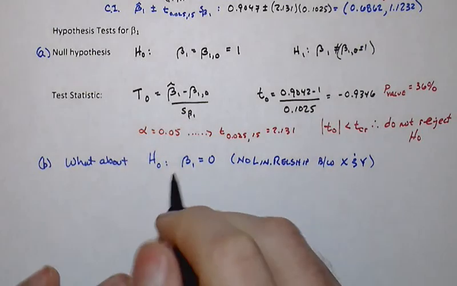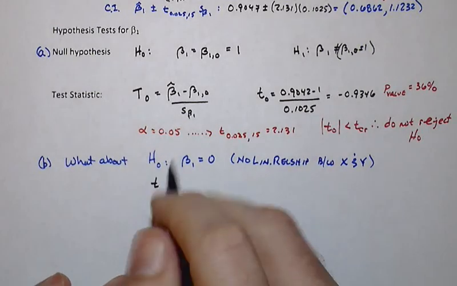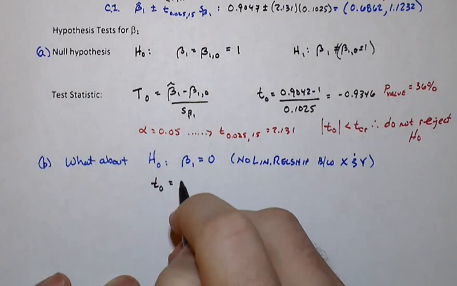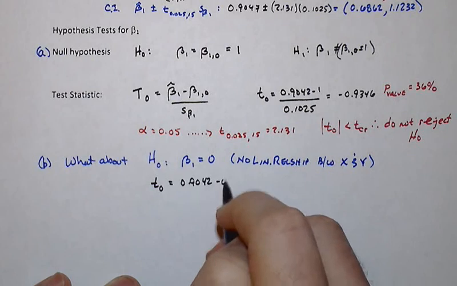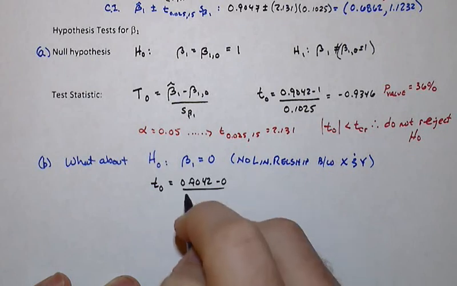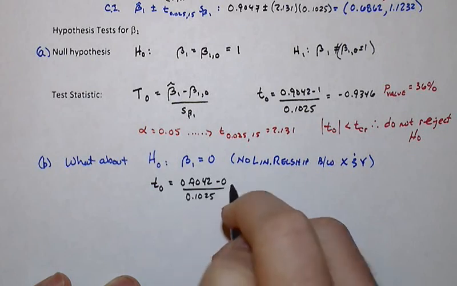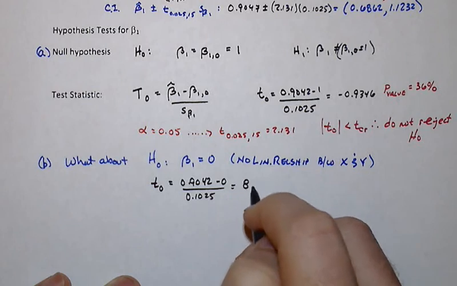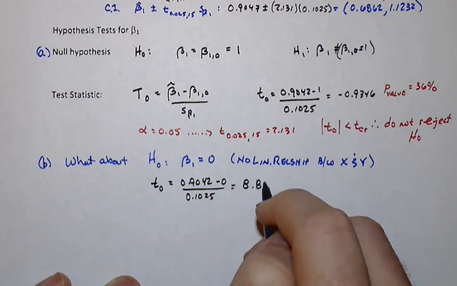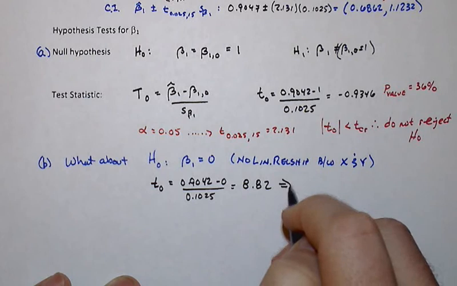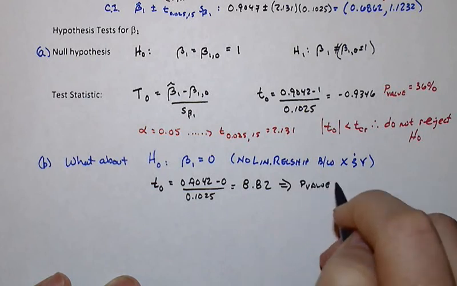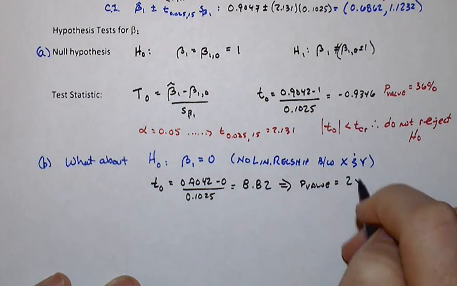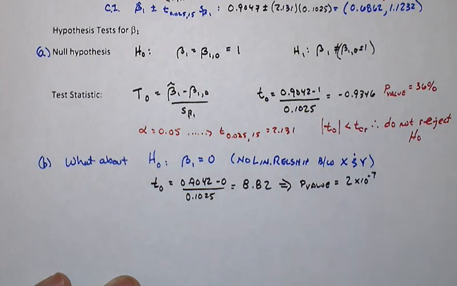Our calculated t-value then changes: 0.9042 minus 0 over 0.1025, and that now gives us a t-value of 8.82, which is a p-value of 2 times 10 to the minus 7.